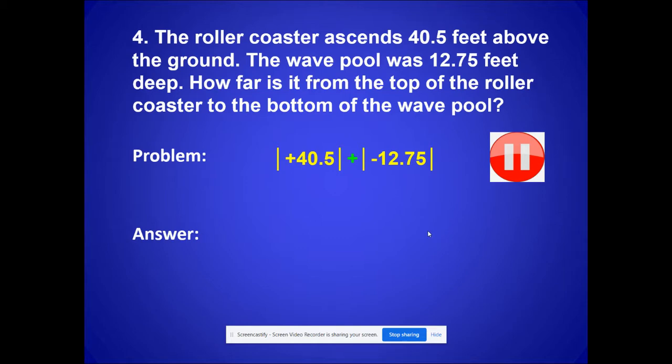Our problem would be the absolute value of 40.5 plus the absolute value of negative 12.75. We are going to find the value of both of those. So you add 40.5 plus 12.75 together, and you get 53.25 feet. This would be the distance from the bottom of the wave pool to the top of the roller coaster.